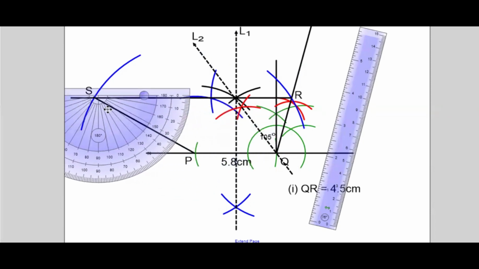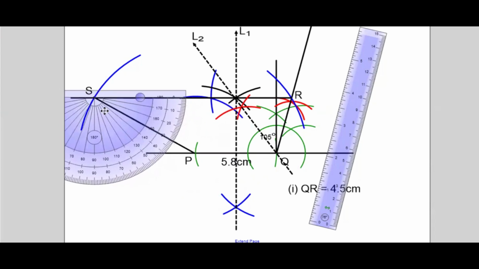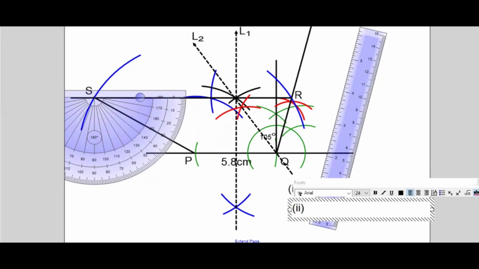So we move it to this place. When we estimate what we have there, this is exactly 30 degrees. This is 0, 10, 20, this is 30. That means the angle here is 30 degrees. So number 2, angle PSR equals 30 degrees.